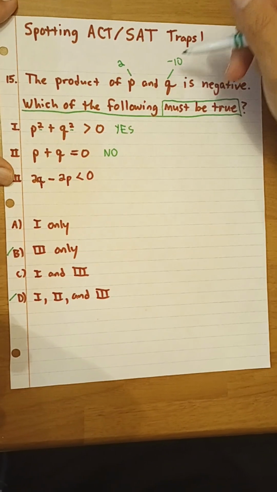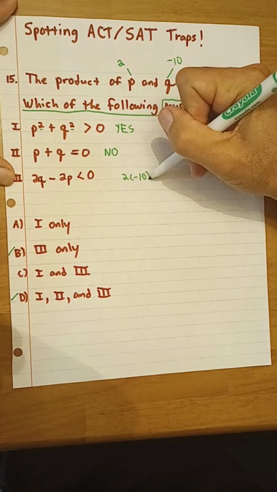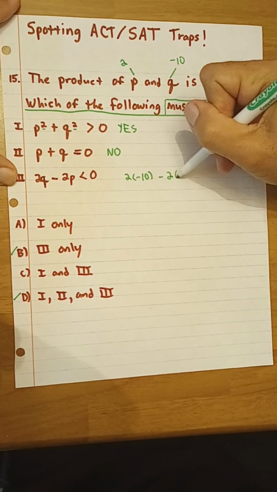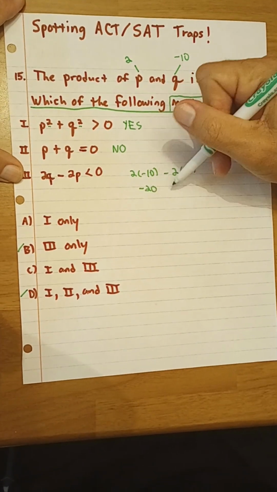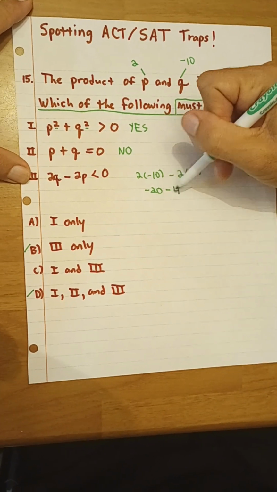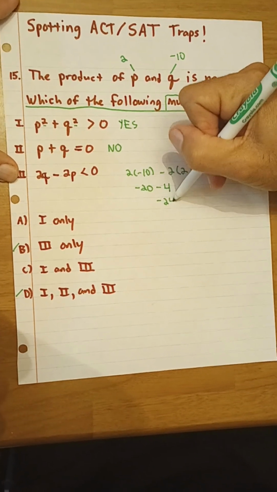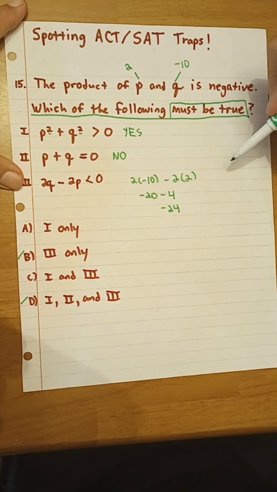So let's see. We have 2 times negative 10 minus 2 times 2. And here we're going to get negative 20 minus 4, which is going to be negative 20 plus negative 4, or negative 24. So that is indeed less than 0.